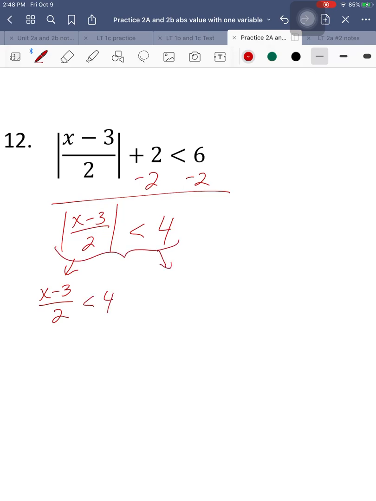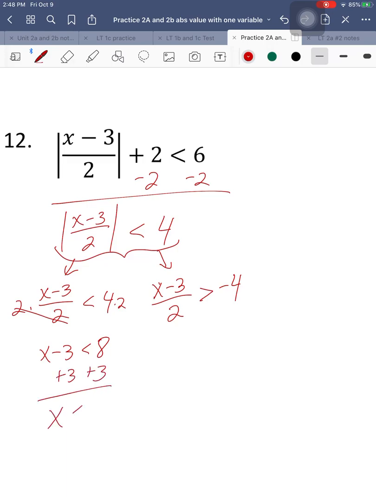The other solution is going to come out of switching the inequality, switch the sign, times 2, times 2. Add 3, x is less than 11, times 2, times 2, and multiply by a positive number, so we do not switch the inequality. Greater than 11.